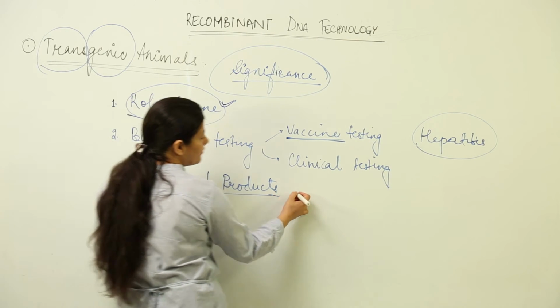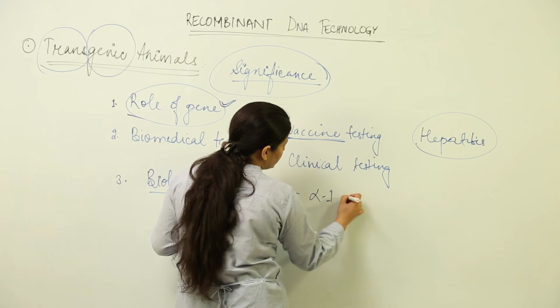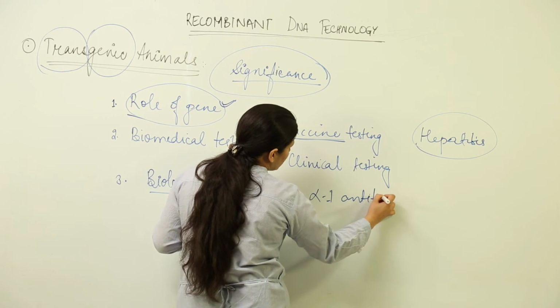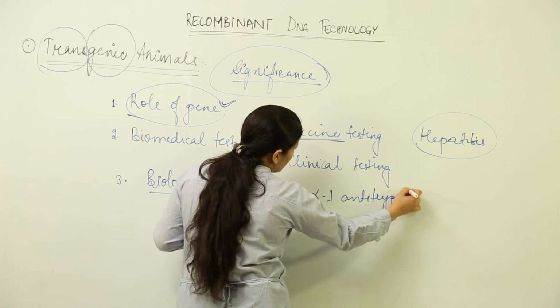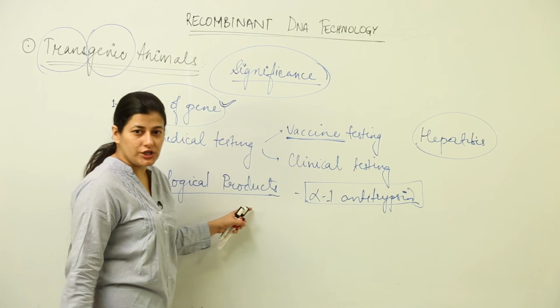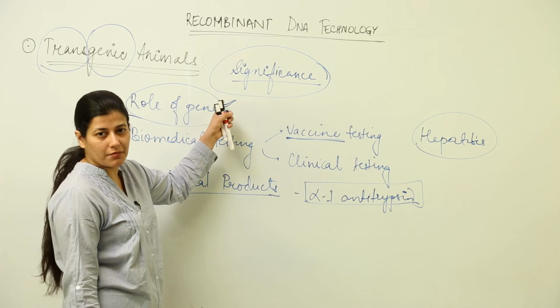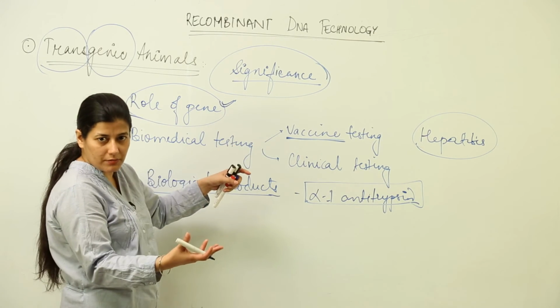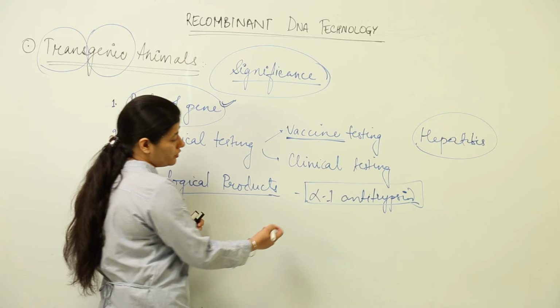Like we have the example of alpha-1 antitrypsin protein, which could be produced by incorporating a gene into the transgenic animal, and that protein would be produced in abundant quantities, and it is used for curing emphysema.